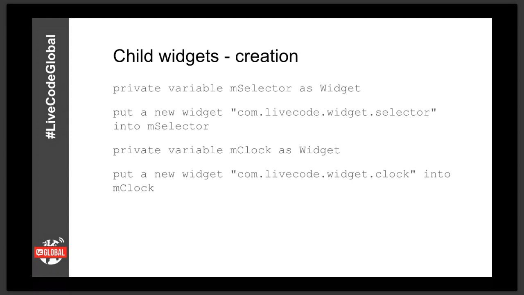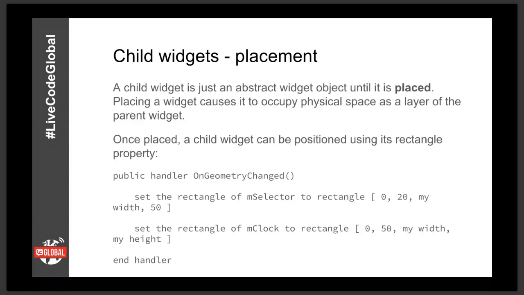Now, they're kind of abstract widget objects at that point until they're actually placed. And then placing it causes it to occupy, I say physical space, obviously not actually physical space, screen space. I don't know what the right way to say that is. But they become a layer of the parent widget.